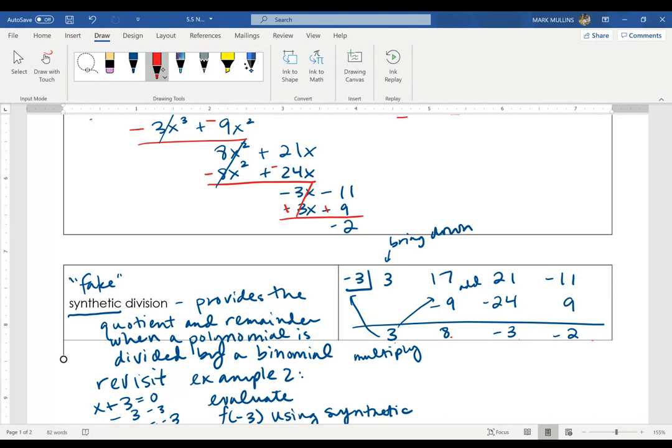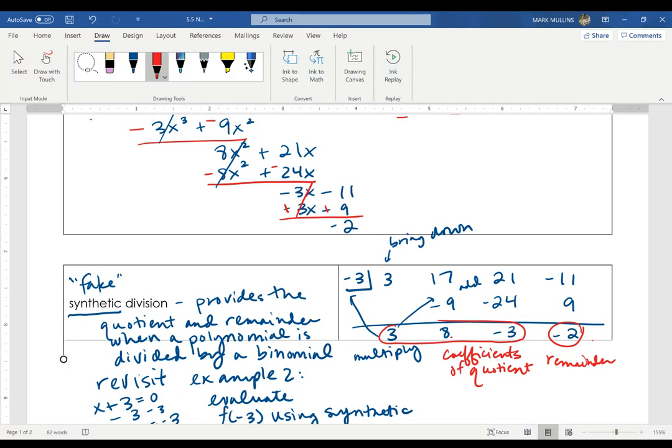So these are my coefficients of the quotient. And the last one's my remainder. So we could get those same numbers just by doing this little fake division trick.